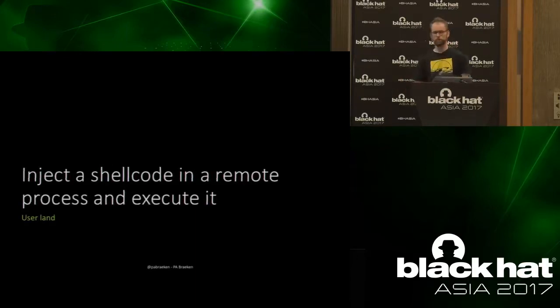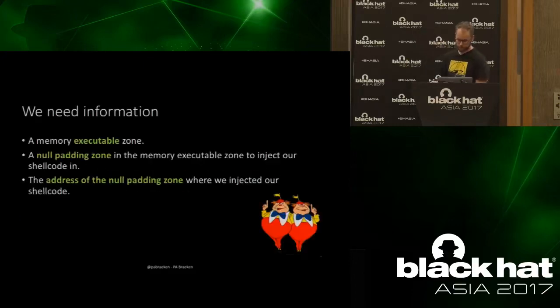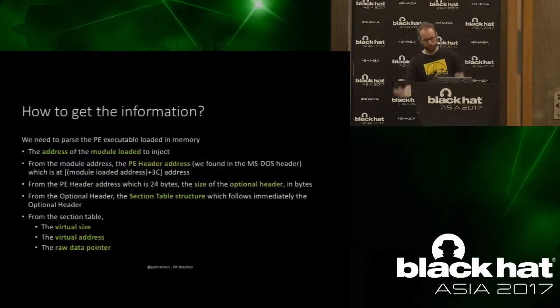I just want to use the same concept, so sending bytes and receiving bytes. So you need different information. You want a memory executable zone, a null padding zone in the memory to inject your shellcode in, and the address. If you have all this information, you can run your application, your malicious one or not malicious.